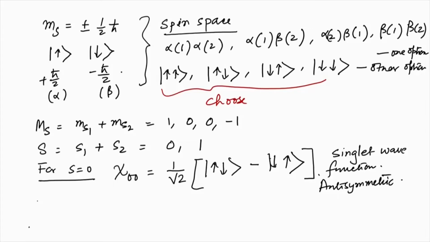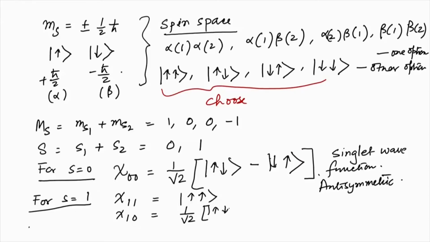And for S equal to 1, we will have three combinations. We have chi 1 1, which will simply be the up up state; chi 1 0, which will be a combination of up down plus down up; and chi 1 minus 1, which is equal to the down down state.